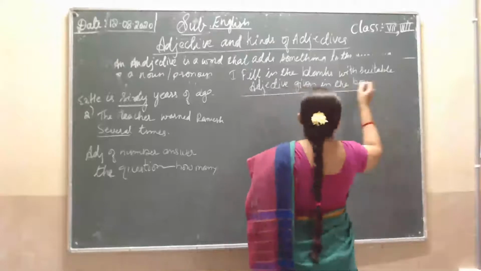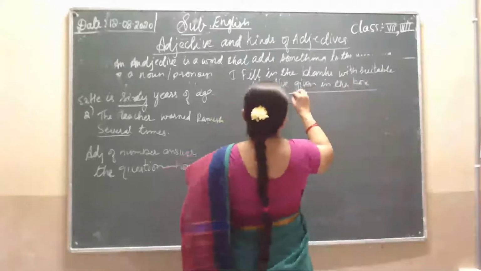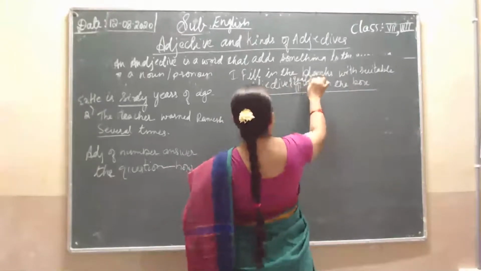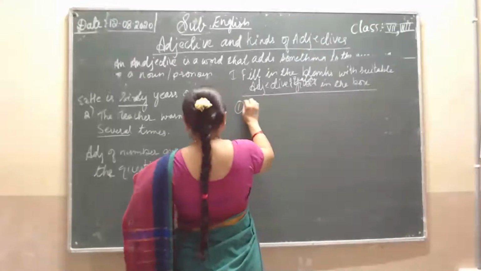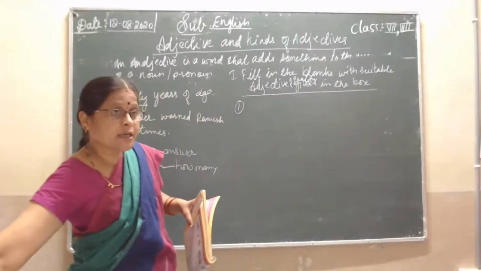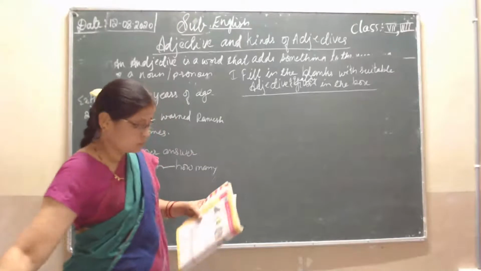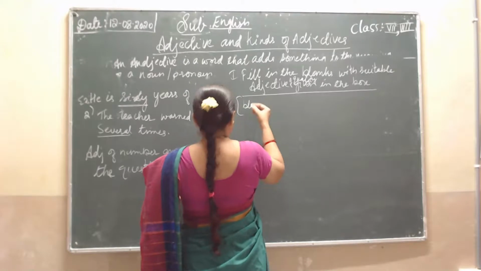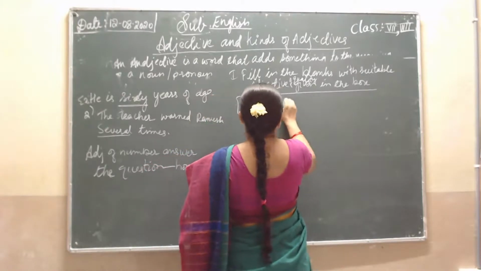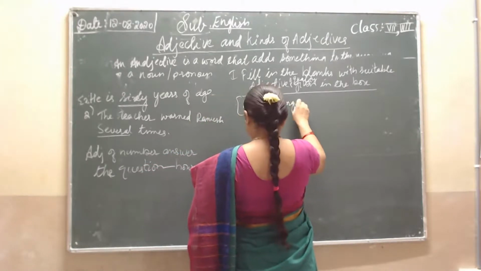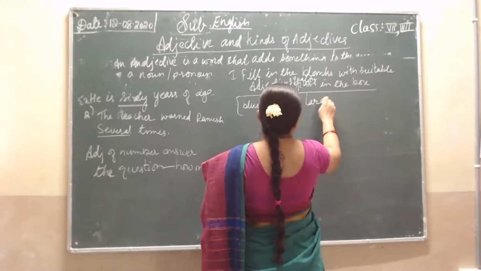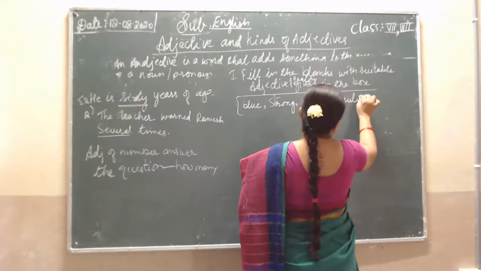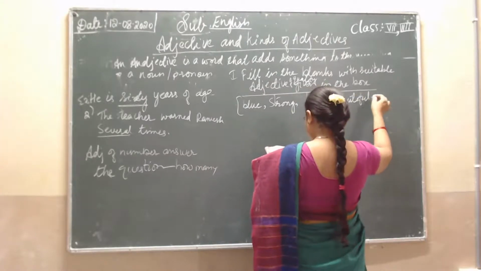Okay, so this first one is adjective of quality. Sorry, note down some options there: blue, strong, large, beautiful, then kind.